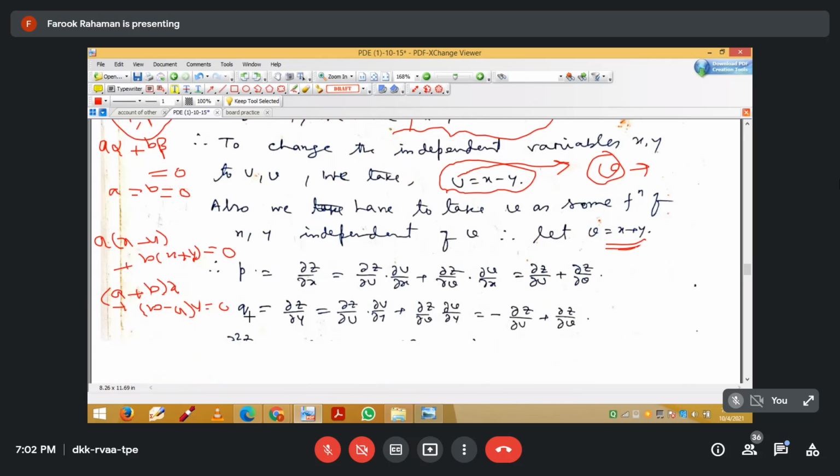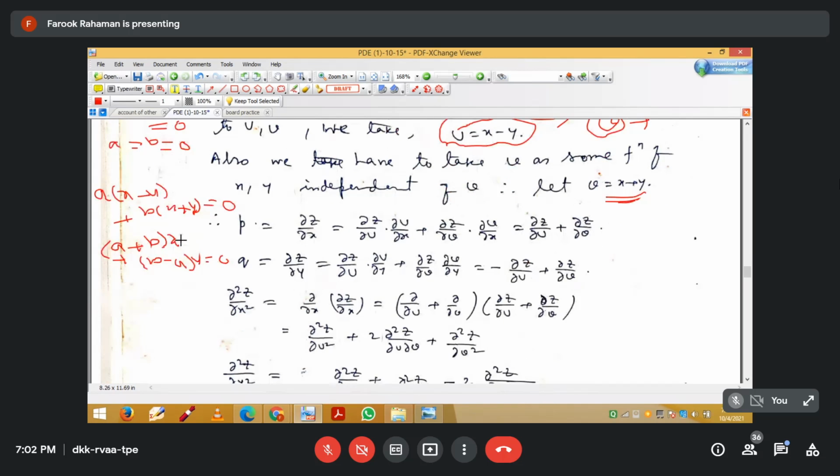Now x and y are independent. So if an expression containing two independent variables is equal to 0, that means each independent expression is individually 0.